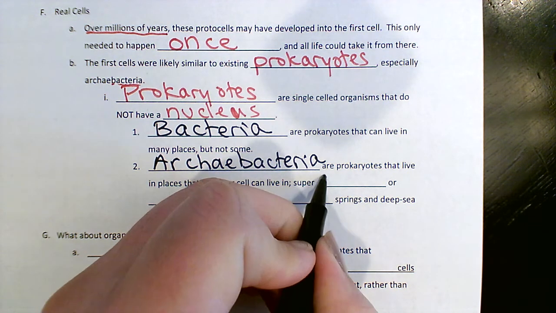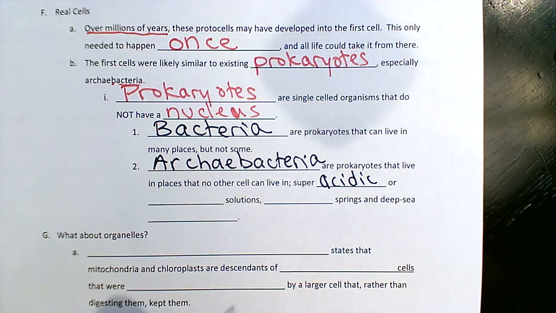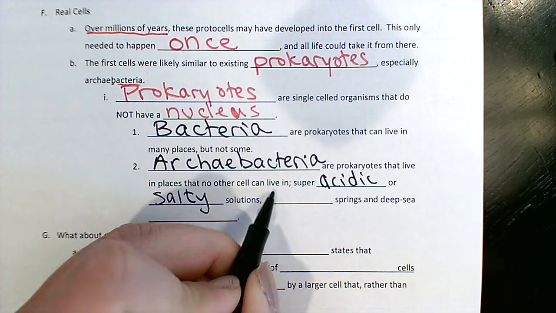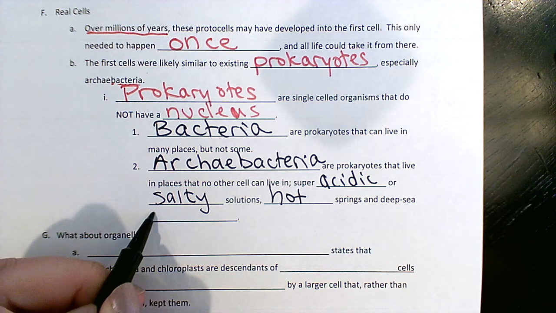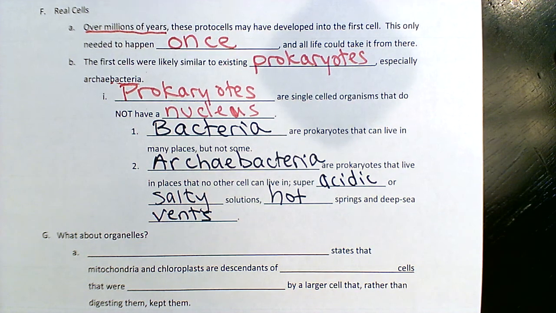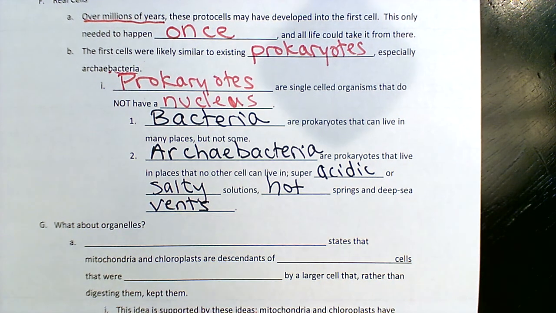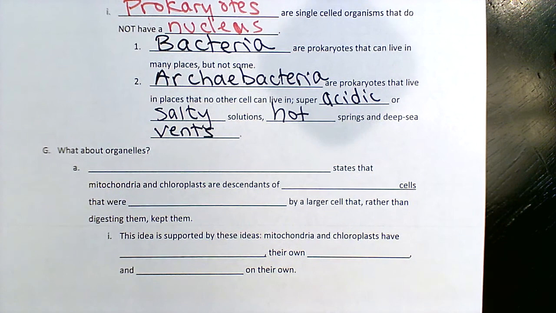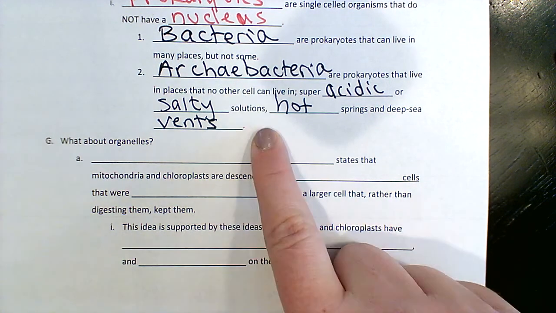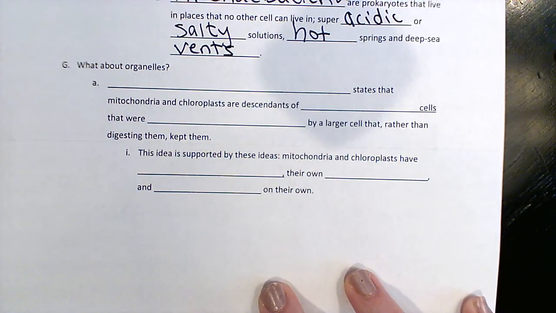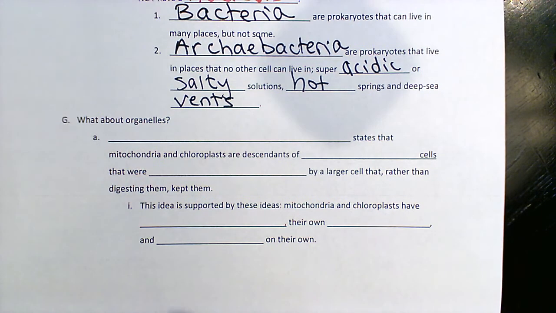Places that are super acidic, places that are super salty, places like hot springs and deep sea vents. These are places that no other living things can thrive in, and these Archaebacteria can live there. It's kind of nuts. These are conditions that are like early Earth. Hopefully, okay.